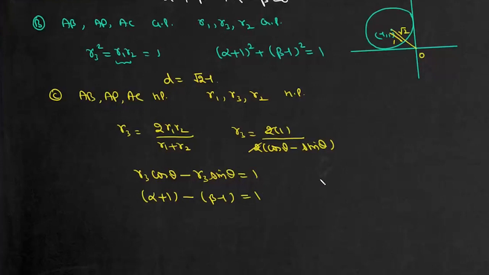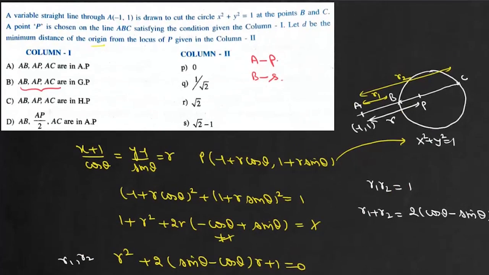So this required locus will be alpha minus beta plus 1 equals 0. So locus of this point P will be this straight line x minus y plus 1 equals 0. Now perpendicular distance from origin will be equal to 1 by root 2. So this C matches with Q.